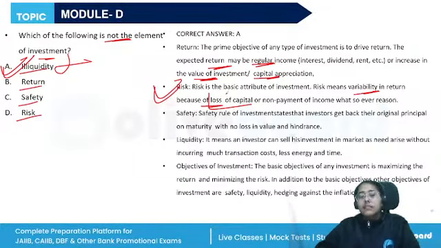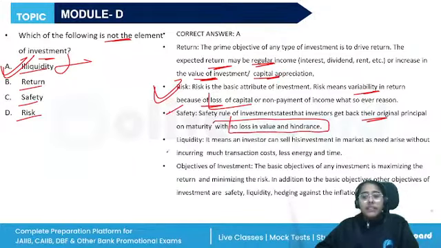But again, risk will mean the loss of capital or non payment of the income, right? Then we have safety. The investors want that at least the original principal on maturity should be received with no loss in value and hindrance.